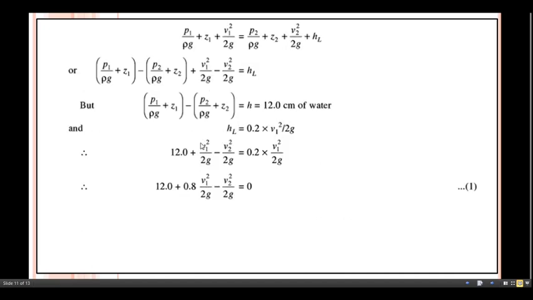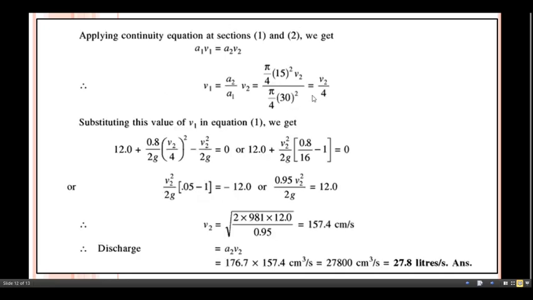We can replace V1 by V2 by 4 in this way. Now if you look at this equation, only V2 is unknown here. Solve this equation for V2 and get the value for V2 as 157.4 centimeter per second.